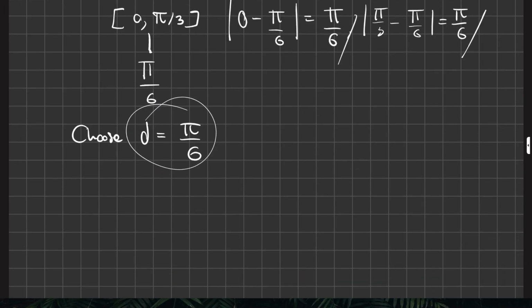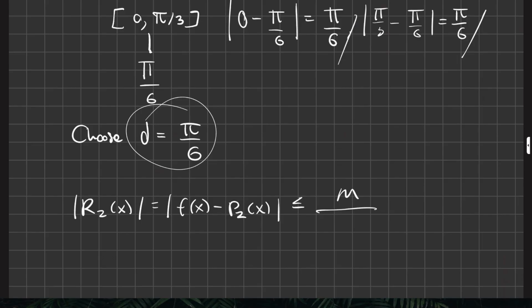Okay, so now we can actually jump straight into the formula. So let's collect everything. We're looking at R2 of x, because we're looking at the second degree Taylor polynomial. And this is just the difference between f of x and our second degree Taylor polynomial. And Taylor's inequality tells us that this is less than or equal to m over 2 plus 1, right?